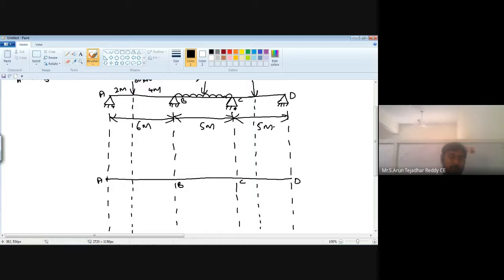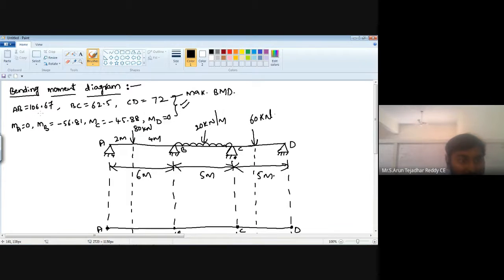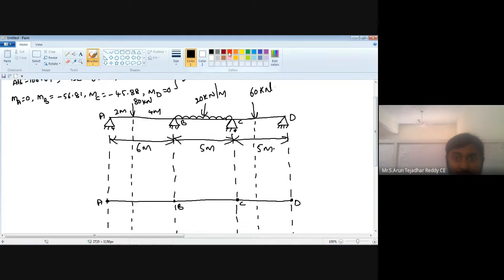Okay, and it is 0, and here it is 0, here it is 0, here it is 0. What about AB? It is 106.67. So here the load is acting, so we'll get our maximum bending moment somewhere here.